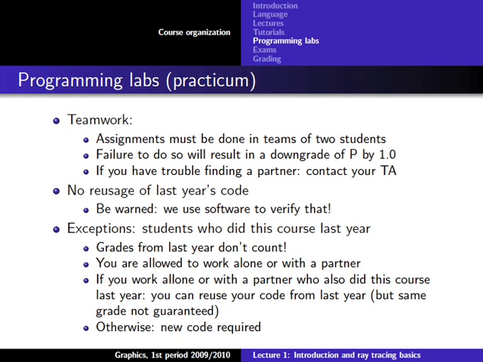If you do it in a team with someone who hasn't done it last year, then you cannot use your old code. If you do it in a team with someone who has also done it last year, obviously you can reuse your code, or you can do it alone and just not reuse your code. So it's basically up to you. Only if you team up with someone who hasn't done it last year, then you should do it again and not just copy your old code, because then your partner will not learn anything. Good.